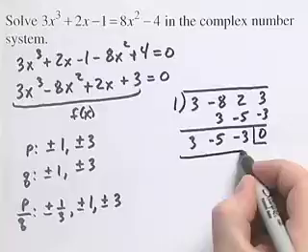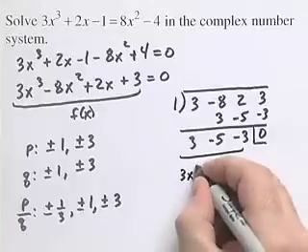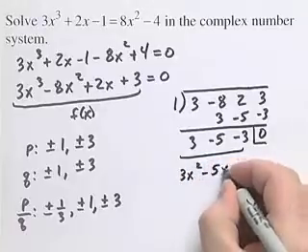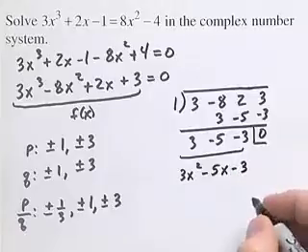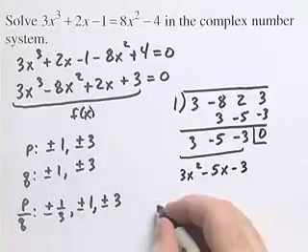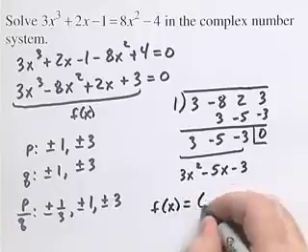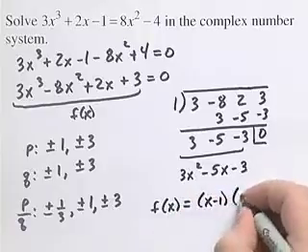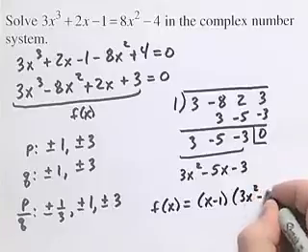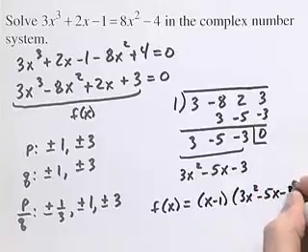This is a reduced polynomial, 3x squared minus 5x minus 3, and it allows us to rewrite our function f of x in a factored form. F of x is equal to x minus 1 times 3x squared minus 5x minus 3.